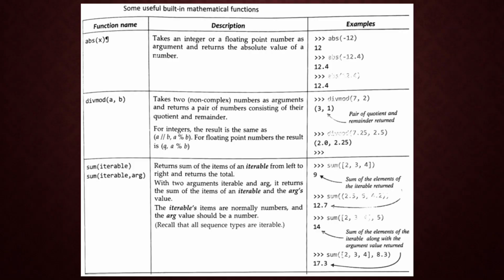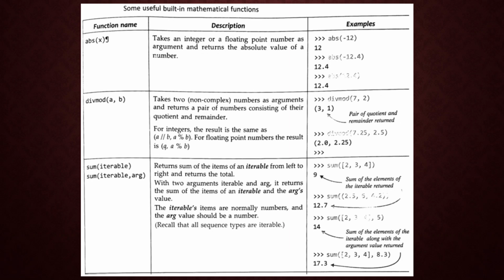Next, some useful built-in functions related to the mathematical or math module. abs(x) takes an integer or a floating point number as argument and returns the absolute value of the number. The absolute value of minus 12 gives 12 only.